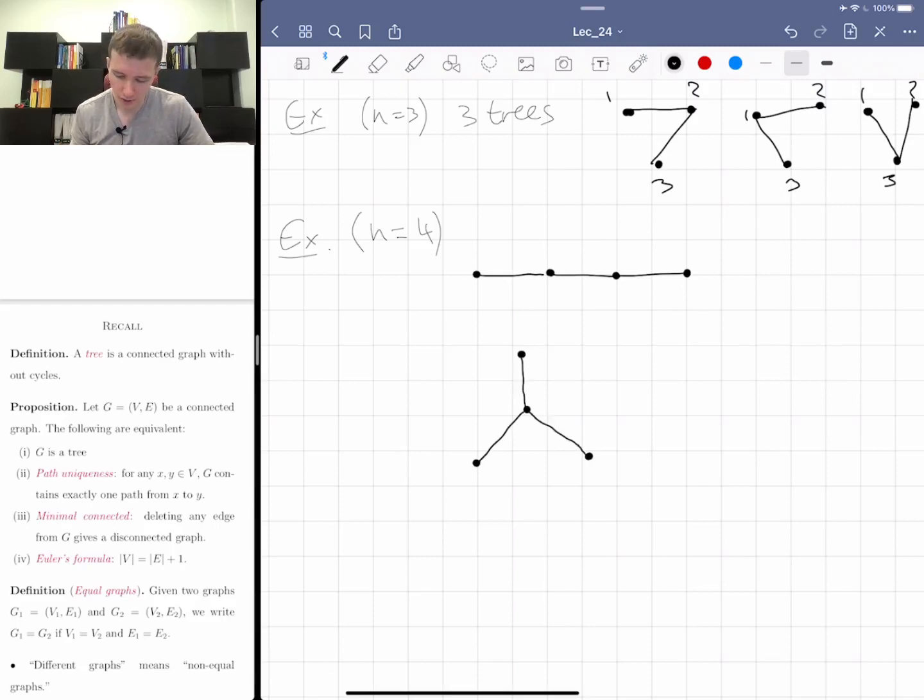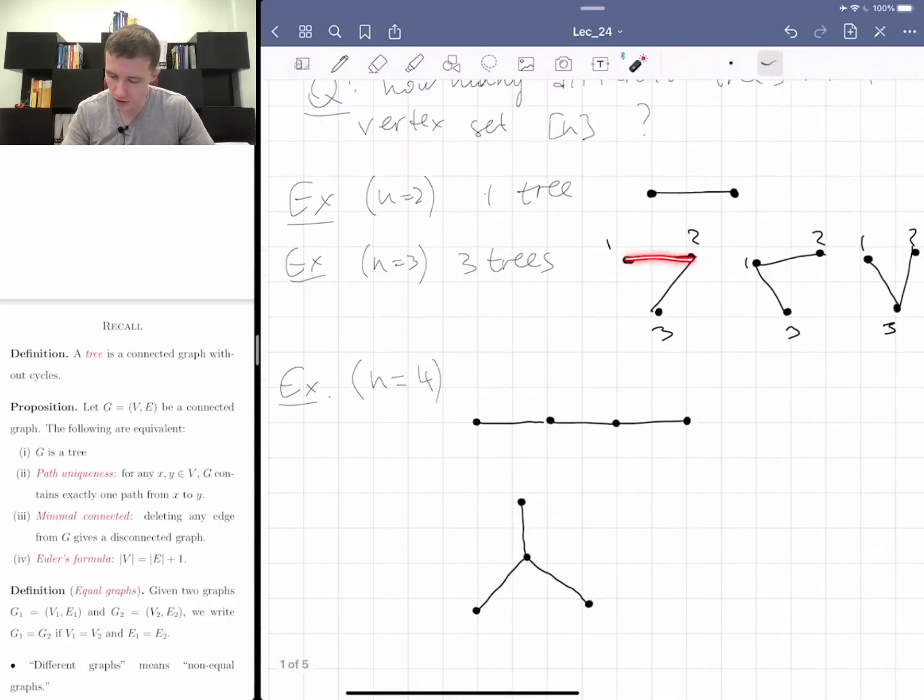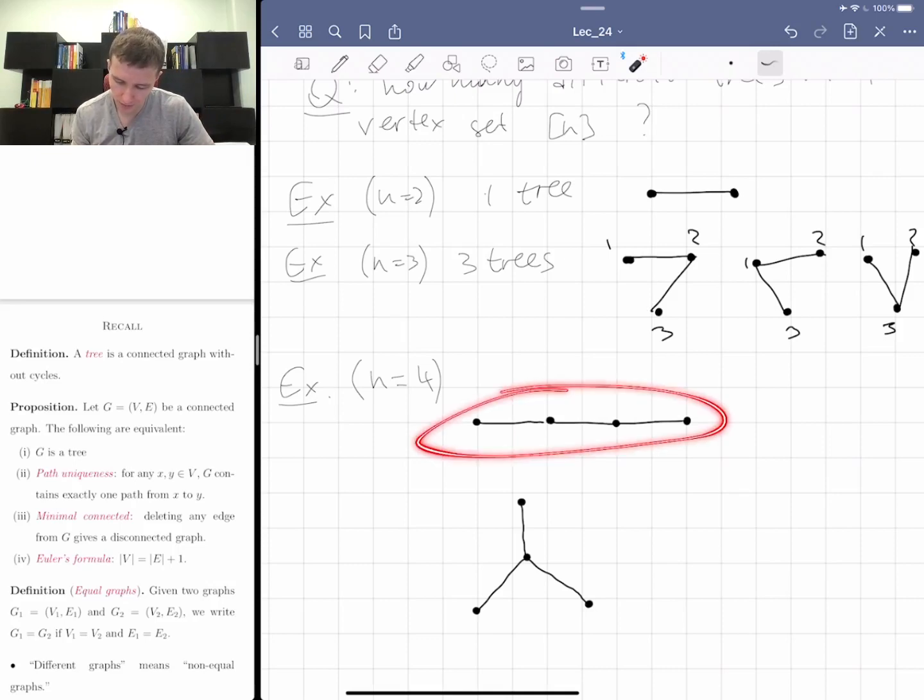That's without the labels. And now you have to count them as labeled, right? Because all these trees are a path, so they're isomorphic as graphs, but they have different labelings. So how do I count how many labelings for each of these trees?